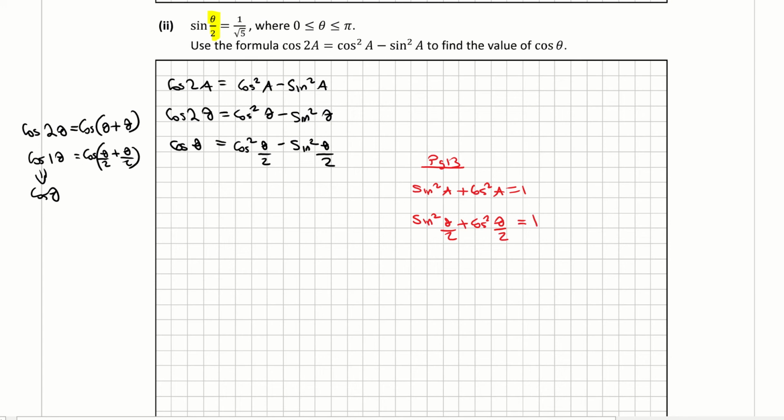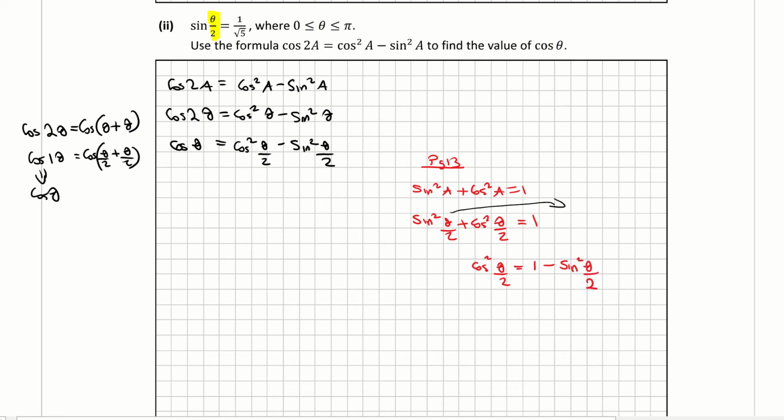I'm just changing my angle. Now if we subtract sine squared theta over 2 from both sides, or in other words move it over, I get cos squared theta over 2 is equal to 1 minus sine squared theta over 2.